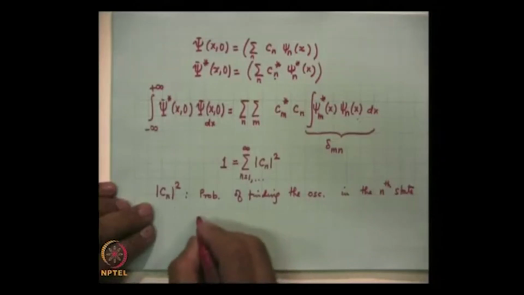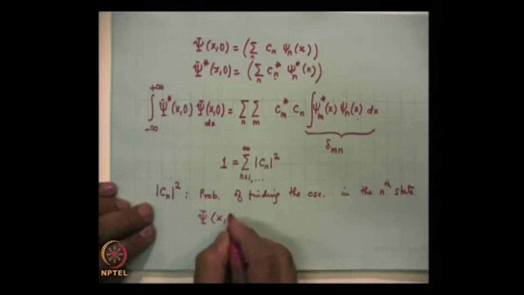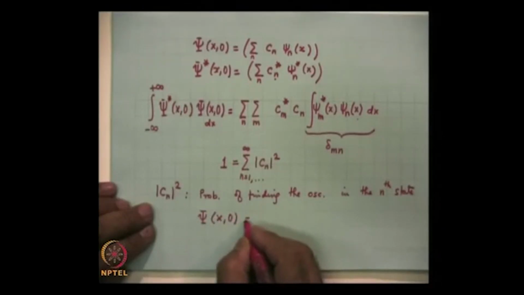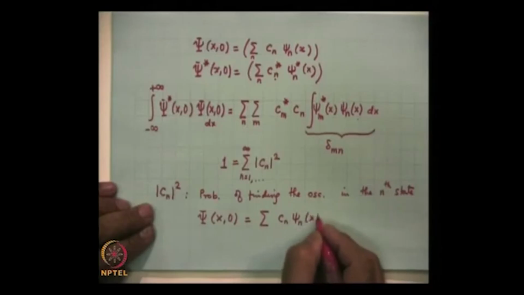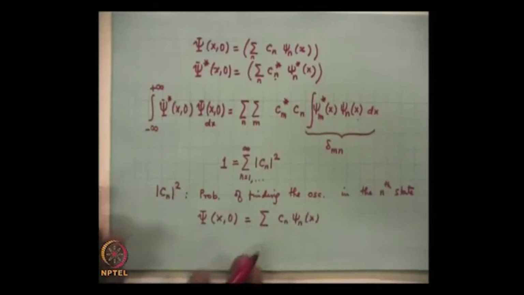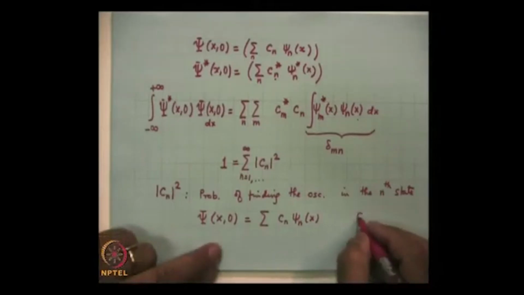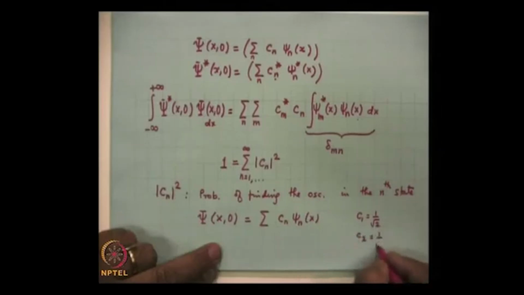So when I write psi of x, this is a characteristic of quantum mechanics, that a system can be in a superposed state. It is a superposition of various states. Let us suppose C1 is equal to 1 over root 2, and C2 is equal to 1 over root 2.